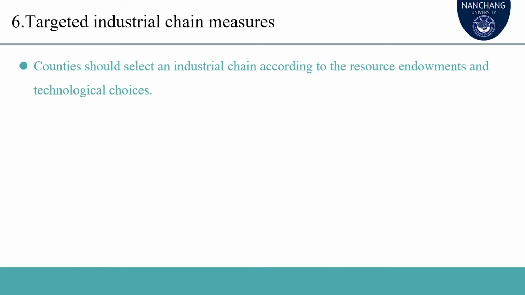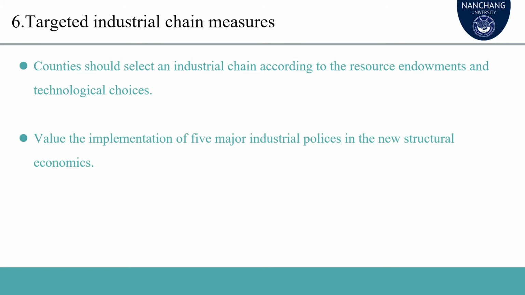The tactics for industrial chain measures need to start from the aspects of brand, technology, innovation-driven policies, and logistics production, and don't forget to value the implementation of 5 major industrial policies in the new structural economics.